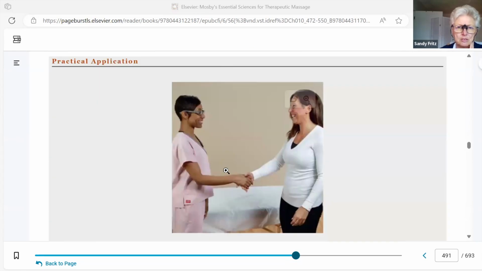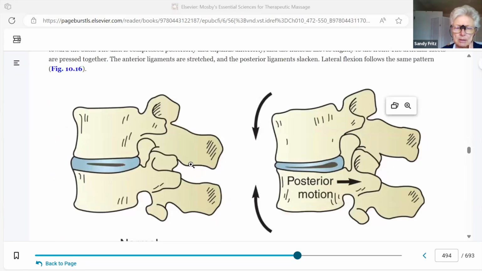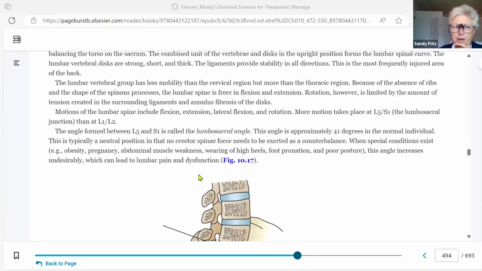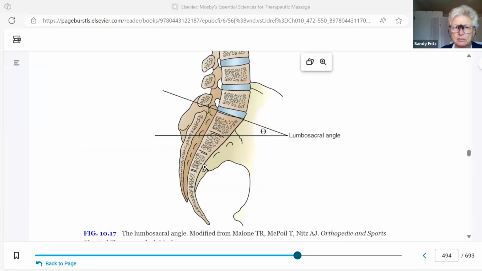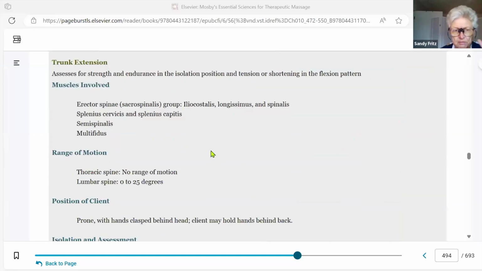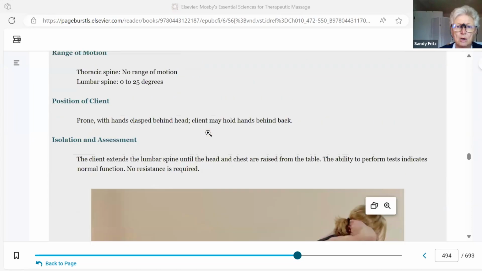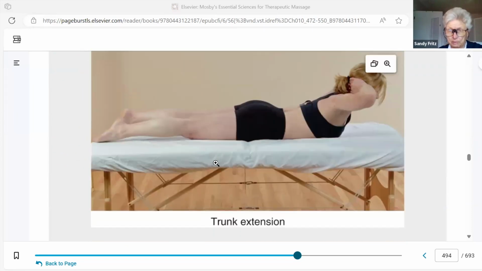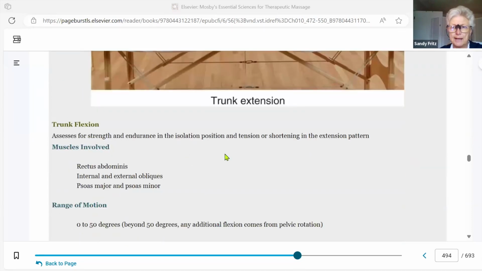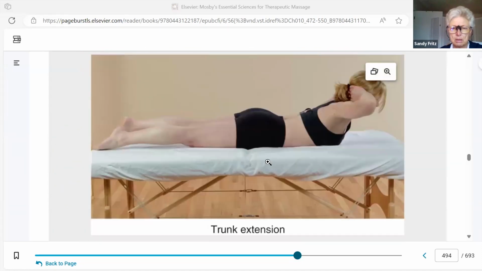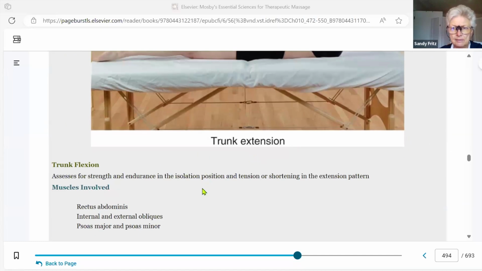There is a tool that can be used called a goniometer. Physical therapists will use that quite often to get a real precise range of motion measurement. Okay. Adjacent is going to be the opposite movement. So if I am doing trunk extension, then my eccentric actions are happening with the trunk flexors.